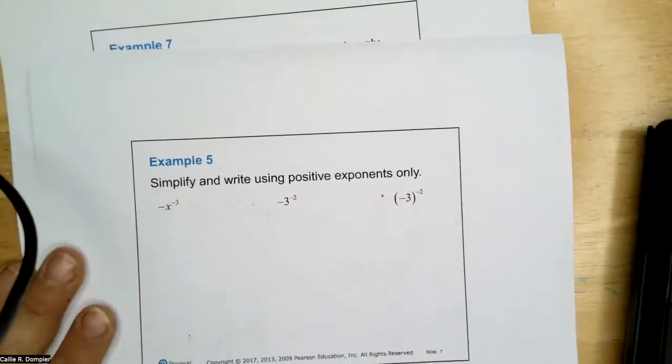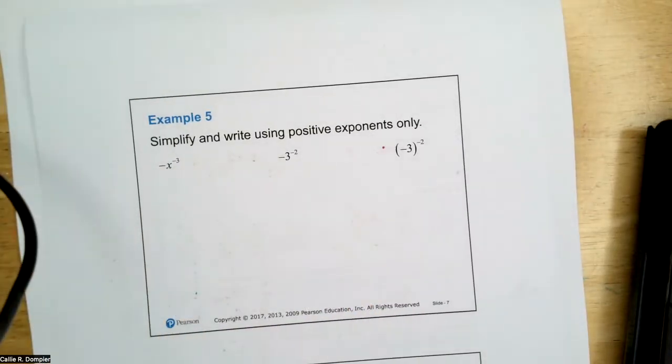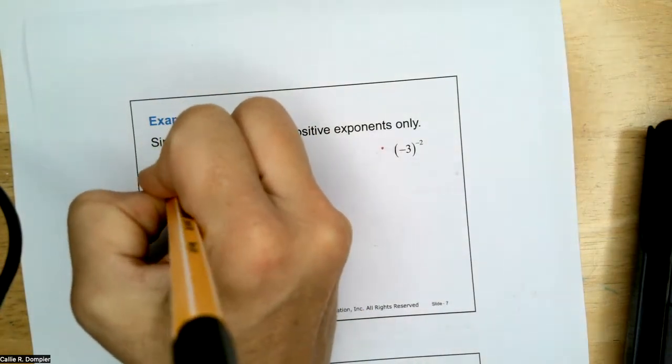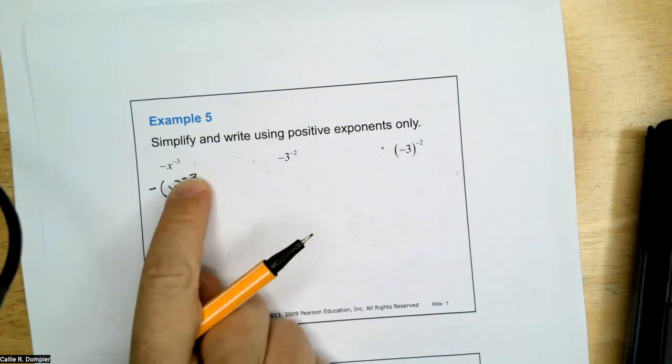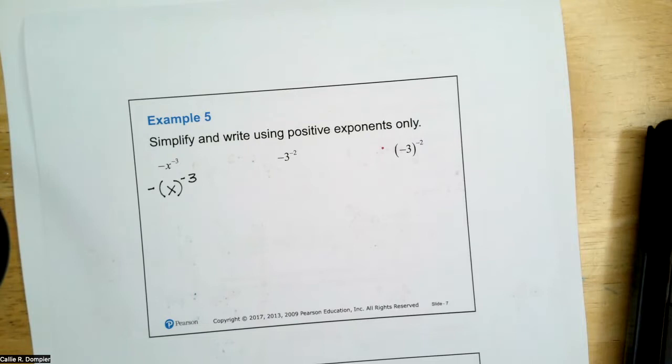Let's simplify and write using positive exponents only. -x to the -3rd. Remember that if I was going to rewrite this without parentheses, that negative is not part of the -3, and I have a -3 as an exponent.